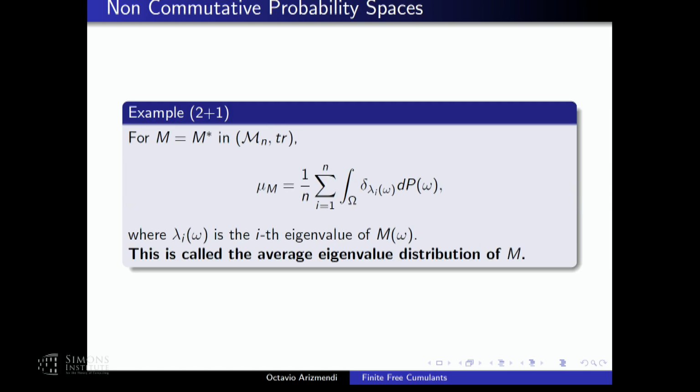And for random matrices, we don't get a random eigenvalue distribution, but we average over all of them. Okay? So this is not a random object. For random matrices, this is a fixed object, which is the so-called average eigenvalue distribution. And typically in applications, one studies this distribution and then uses concentration of measure to show that actually the random eigenvalue distribution is very close to the average.